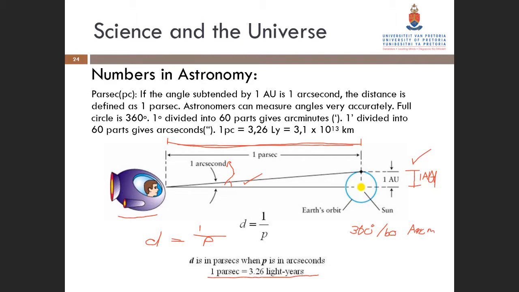So now we need to get arc seconds. So dividing that by 60 gives us arc seconds. So 1 parsec equals 3.26 light years.